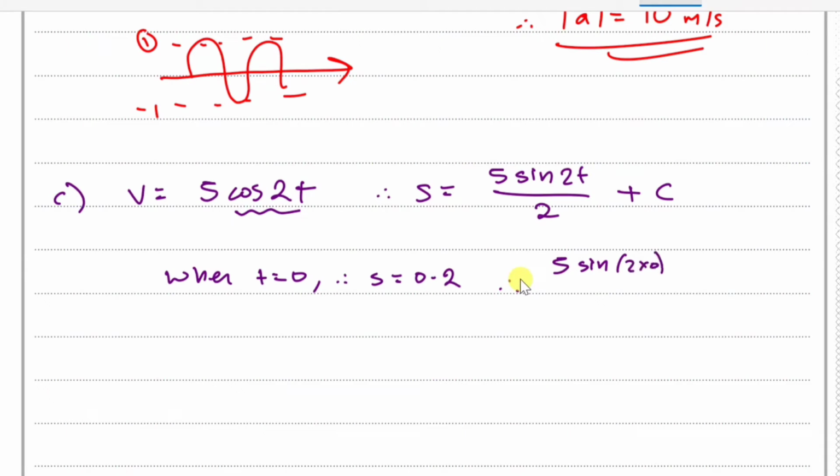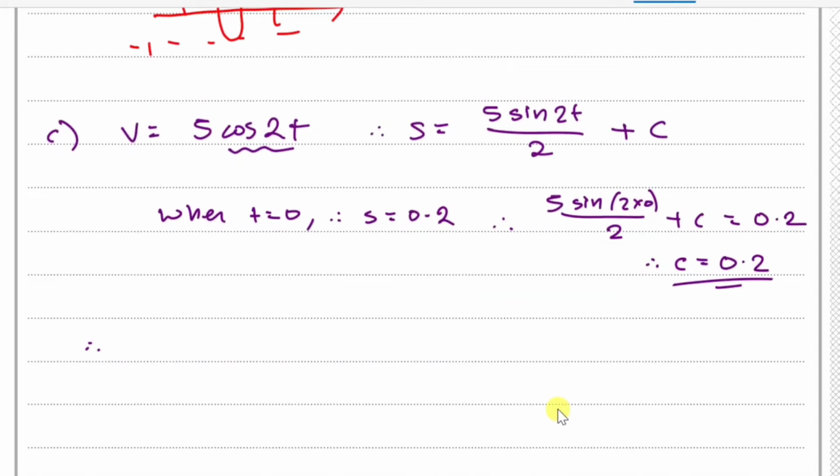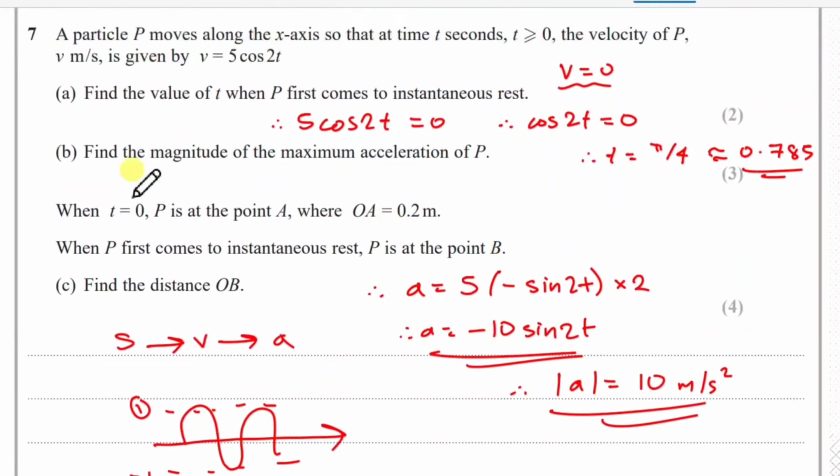Sine 0 is basically 0, so all of that is 0. Therefore, c must be 0.2. Okay, that's cool, nice and easy. So now let's update this equation. The displacement equation is s = 5 sine 2t over 2 plus 0.2. Now, back to the question, we've done the first line, so always break it into bits.